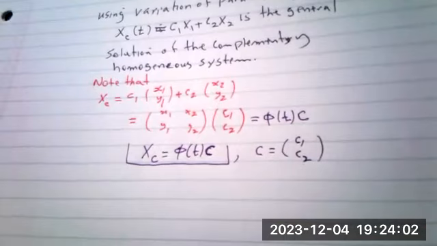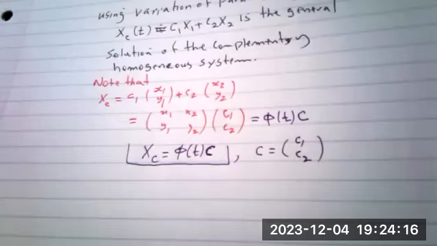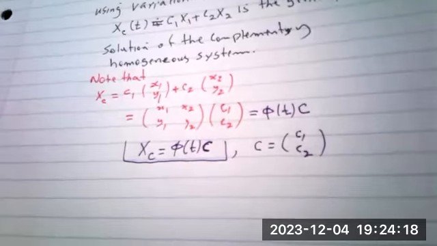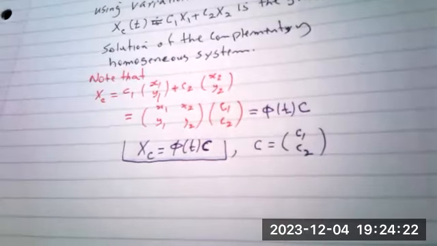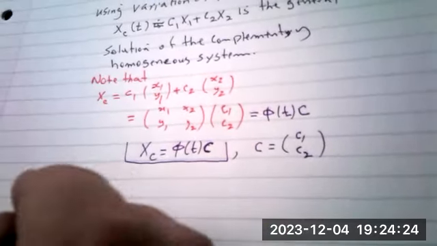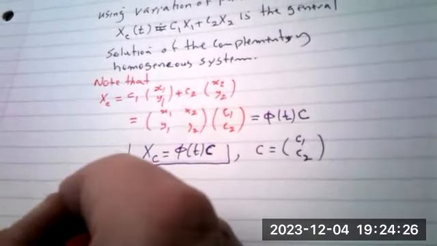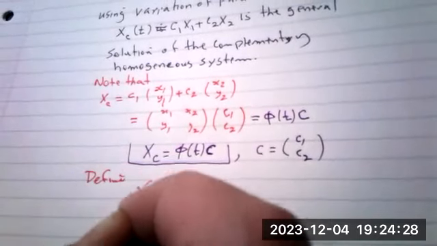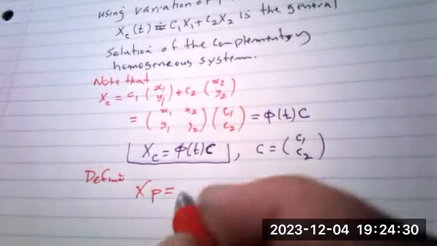I change it to the matrix form. Now I'm going to do the variation of the parameters. Remember the way we did it, we changed that constant into the functions u1 and u2, U of t. Now I'm going to do the same thing. And now for the particular solution, we define xp to be equal to what?